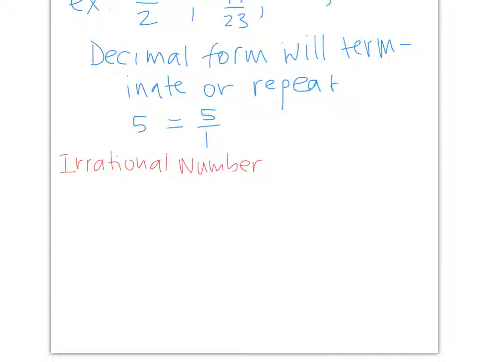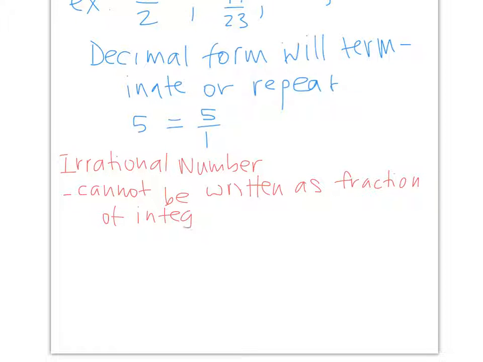So they don't overlap. Irrational numbers can be defined as numbers that cannot be written as a fraction of integers. So it's the opposite of how we define rational numbers.